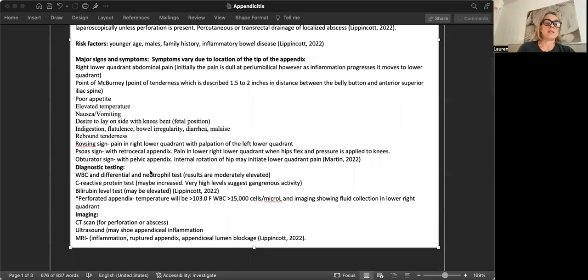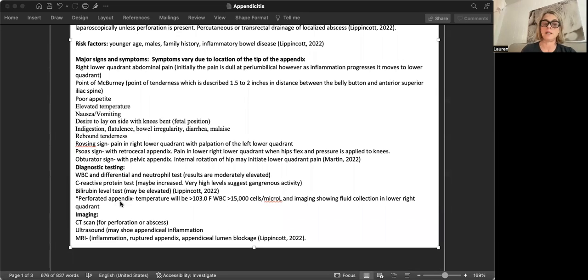So diagnostic testing, you'll see a white blood count with differential, neutrophil test, C-reactive protein test. And as you notice to the right, I have noted what to expect from those diagnostic testing results. Bilirubin test.